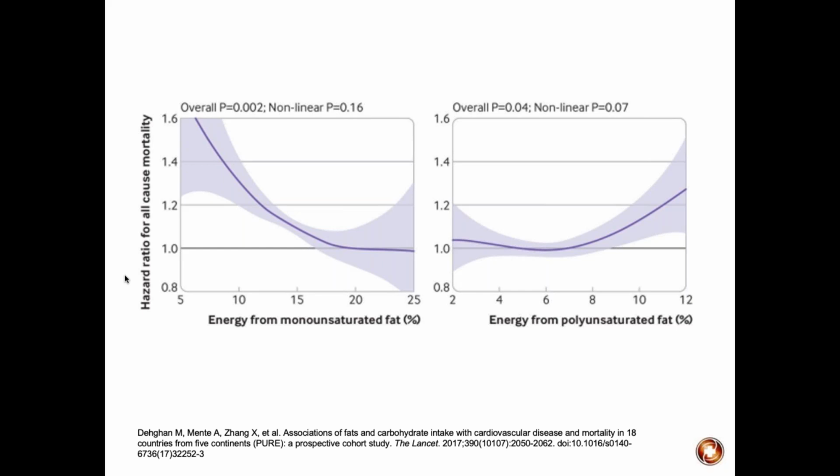What was shown is that for saturated fat and monounsaturated fat, there's a decreased hazard ratio for increasing your consumption of both of those types of fats, which really vindicated saturated fat for many. It was kind of the proof that I think people were looking for with respect to the safety and efficacy of consuming more coconut oil and things like that.